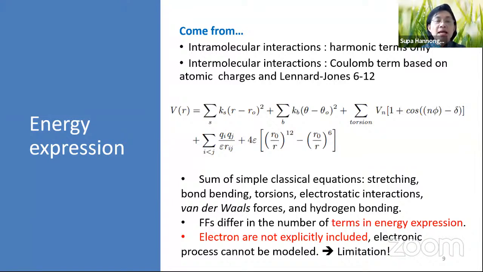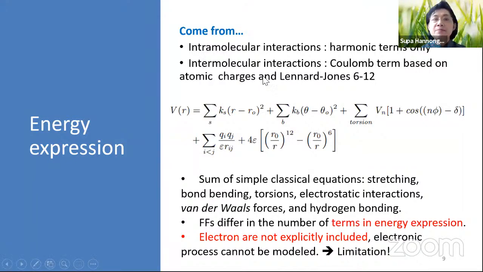So now come to the energy expression, which is the heart of the force field. Mr. Hafiz mentioned once already how to obtain the molecular mechanics energy. The intramolecular interactions, bonding, bending, and torsion energy, are based on harmonic terms, harmonic oscillator terms only.